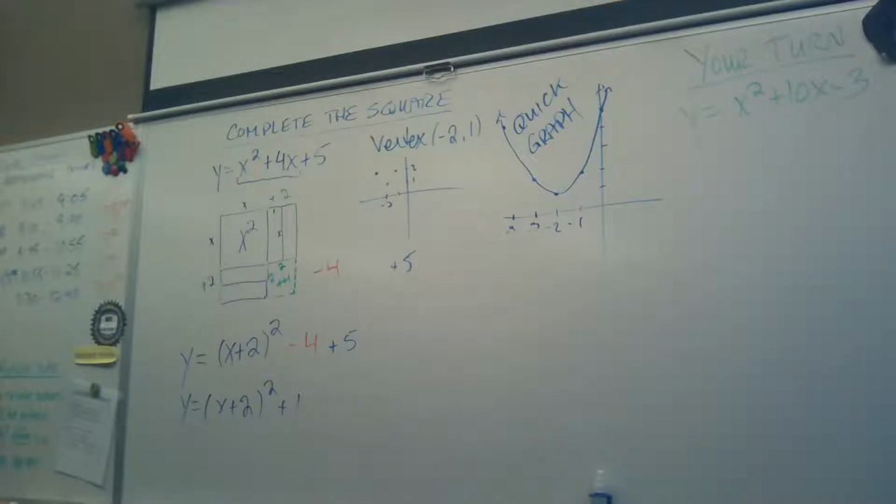So we got x plus 5. So this becomes x plus 5 by x plus 5. And then this becomes that. Okay? There's your equation.